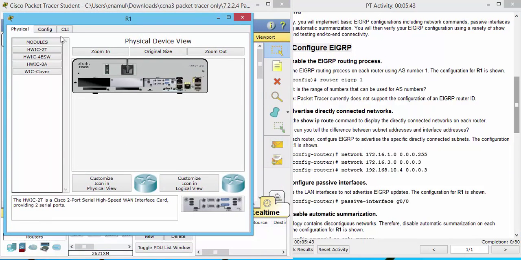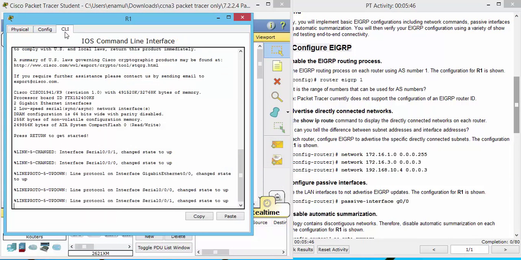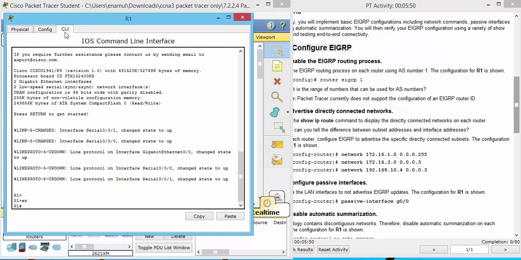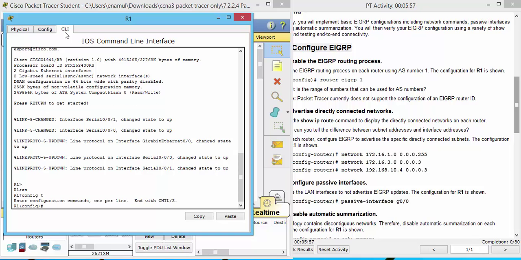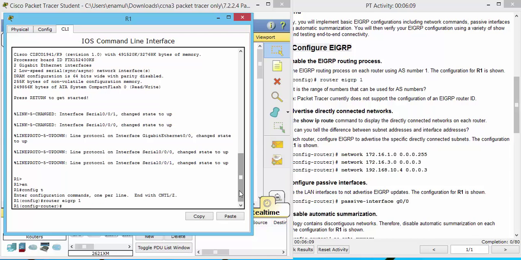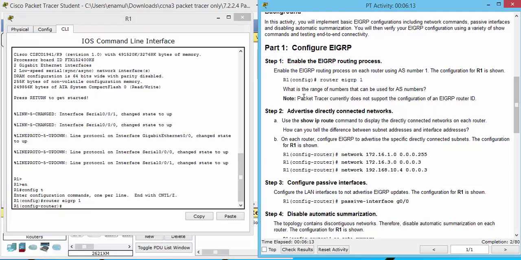We go to the command line and type enable, config t, and then we type router eigrp 1. Now EIGRP is enabled.